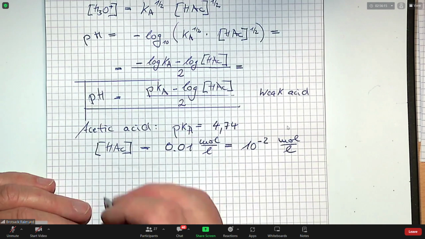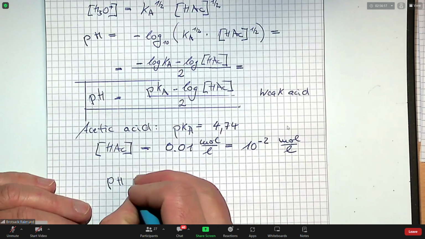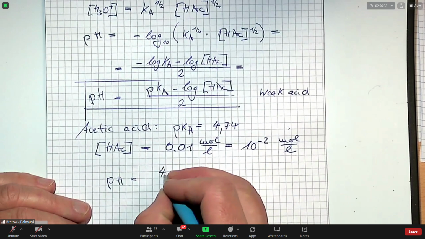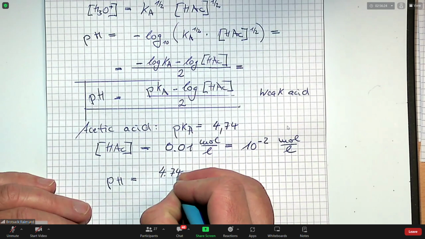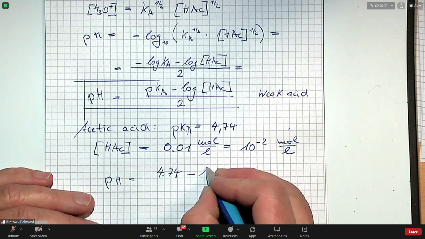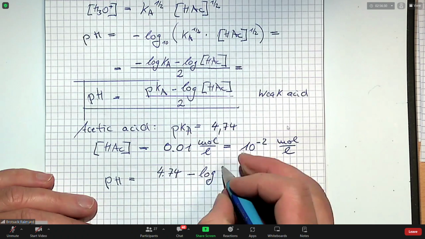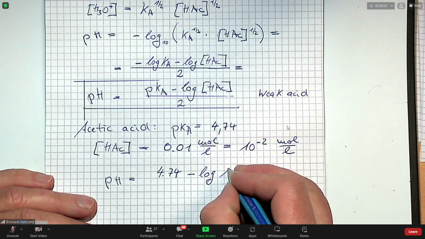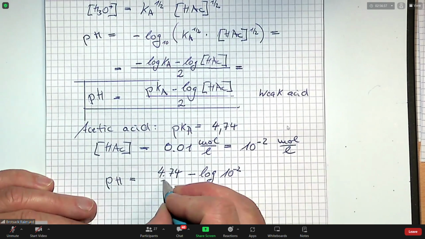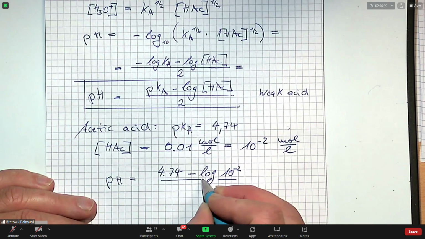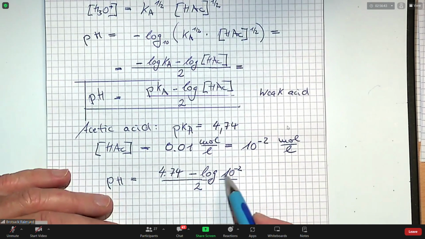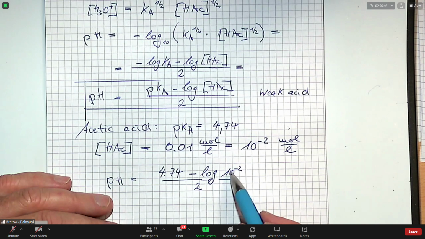We need the formula. The pH of this solution is the pKa, 4.74, minus the log of the concentration, 10 to the power of minus 2, over 2. What is the log of that?